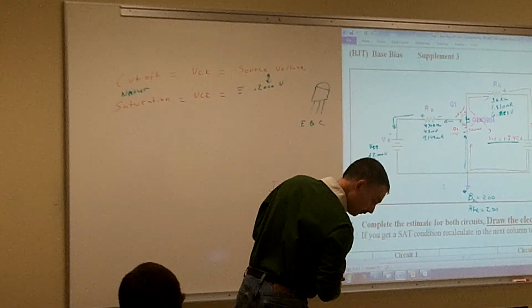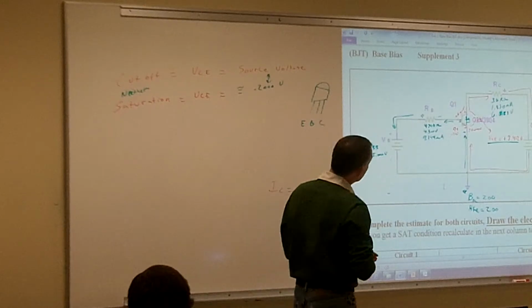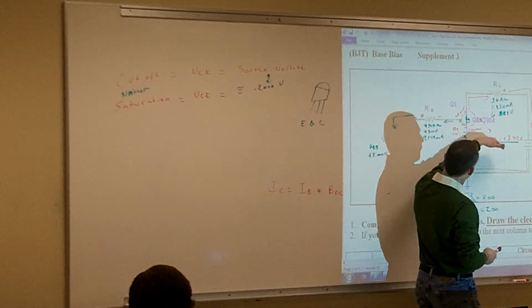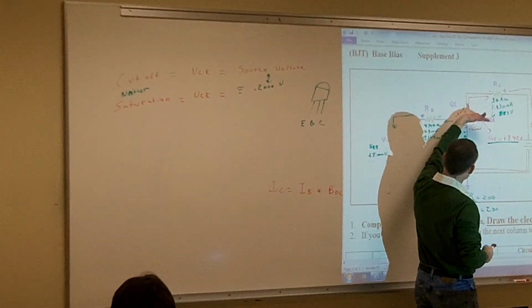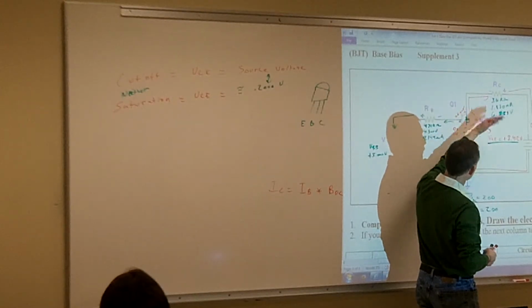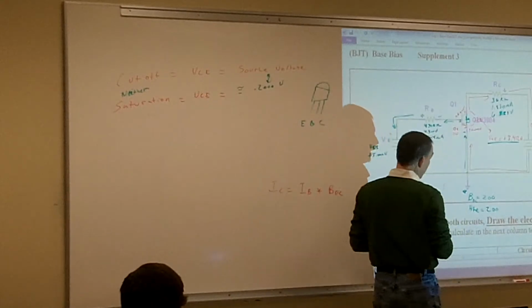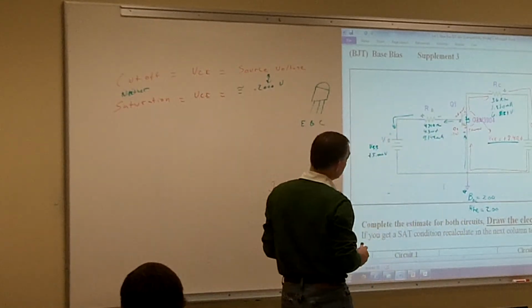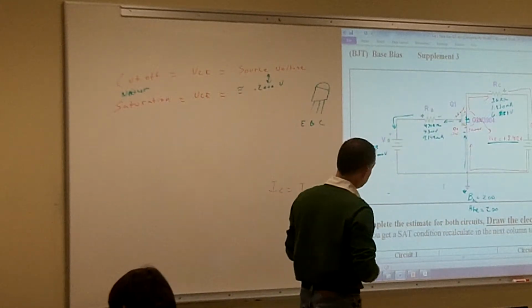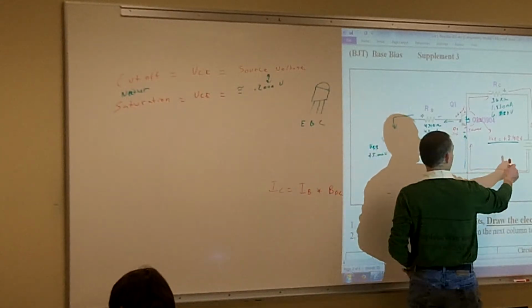All right, so now we determined that we're in neither state. We're not in cutoff or in saturation. We're somewhere in between there. And then our last thing is it's asking us for our emitter current.